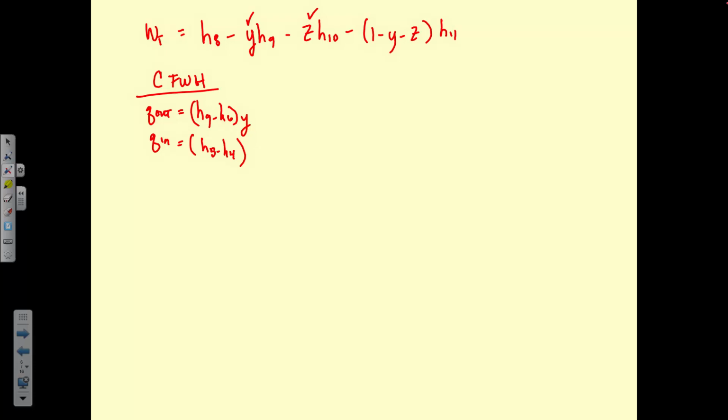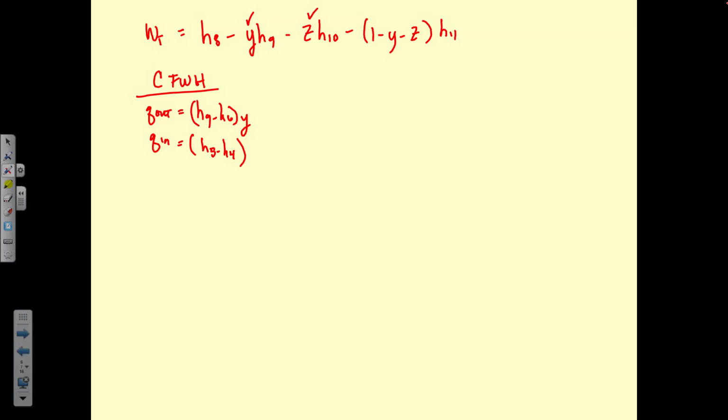Okay, there's 1 minus Y minus Z. That's the mass flow rate that's coming in at 2. But when 2 goes into that open feed water heater, and it's combined with 10 and 7, then we have 1 minus Y, right? Because we have a Z added to it. And then after it comes out of the open feed water heater, then we have 1 minus Y minus Z, right?